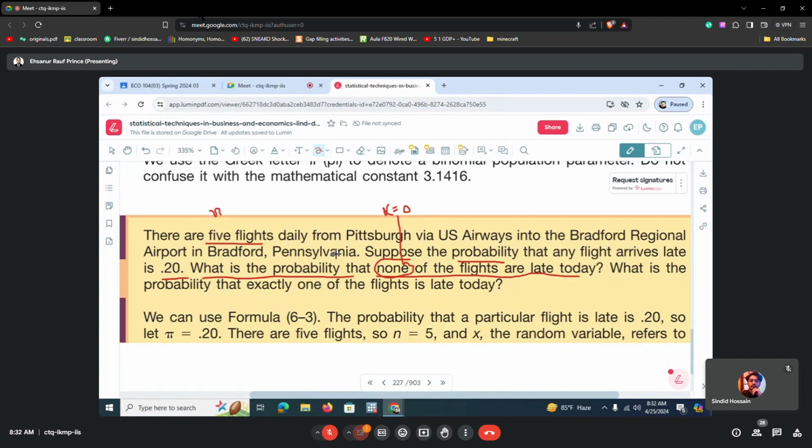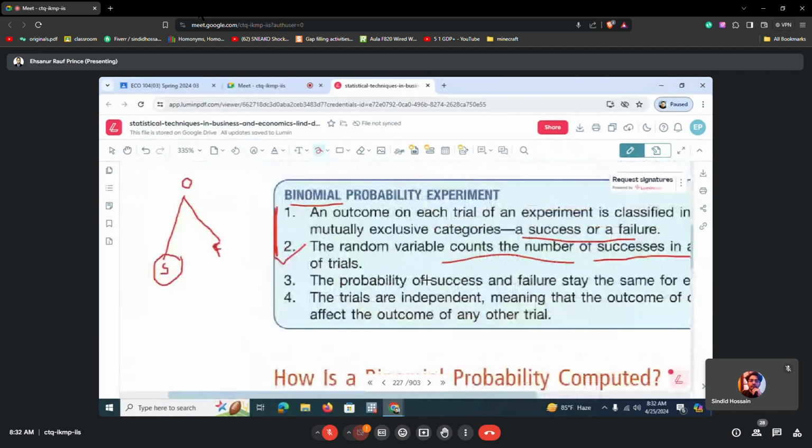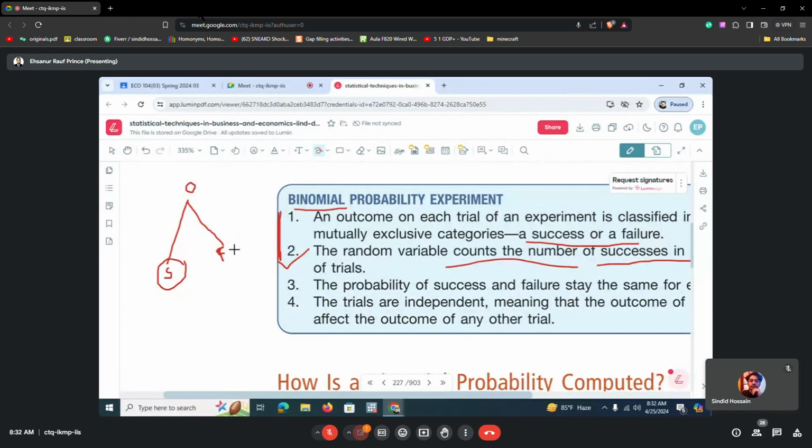There are two outcomes, but the random variable counts the number of successes. Now everyone must understand what success or failure means. It doesn't mean you are winning or gaining something. If we translate the words literally, success would mean winning something and failure would mean losing something. But always remember, in statistics success and failure do not mean that.